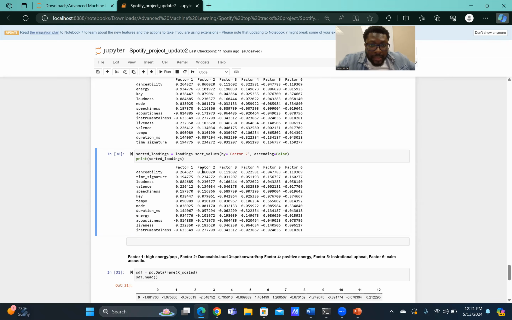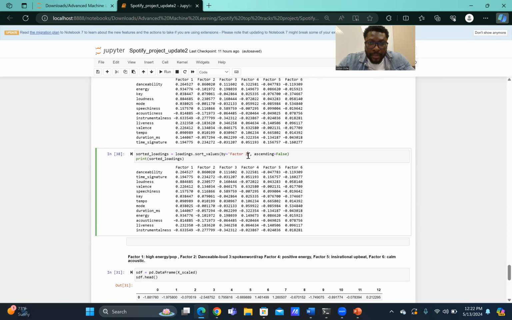So this is saying that this represents a danceable, positive, loud and quite talkative mood. If we think of a song like that, it probably represents a rap song or something that will just motivate you to dance when you speak. So I call it danceable and loud.